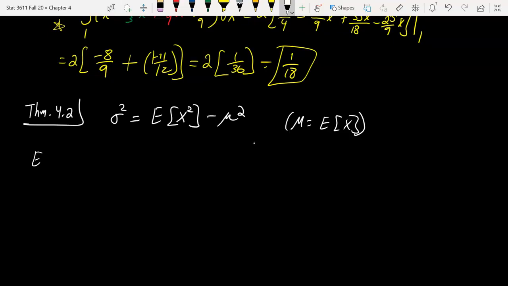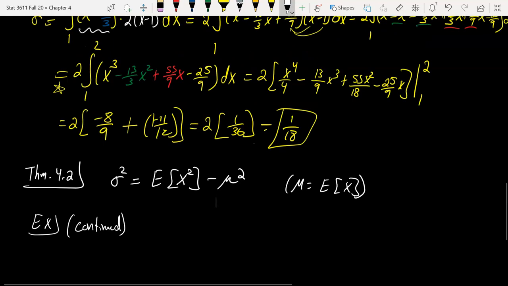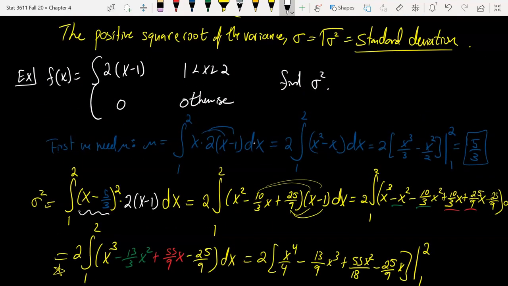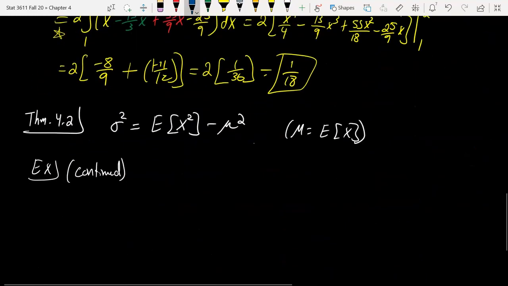So if I continue from the previous example, let's find the variance of this again. What do we have here? We know that the mean is 5/3. We found that the expected value of x, or the mean, is equal to 5/3.